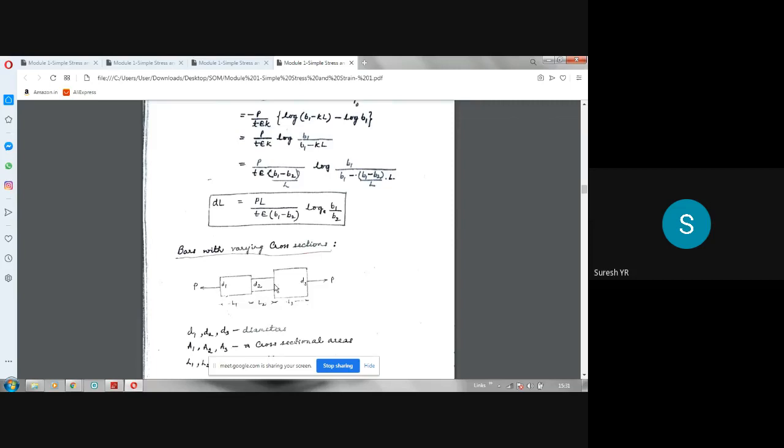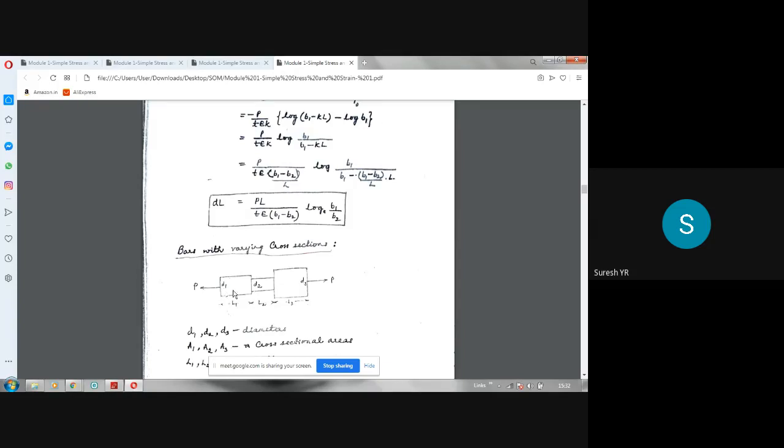On all three portions, the tensile force acting is P only. That means it will elongate. D1 is the diameter, D2 is the diameter. Otherwise, they may give thickness and width also. If they give thickness and width, then it is a rectangular cross section, so you have to take the area as width into thickness. Since it is circular, you have to take the area as pi d square by 4.